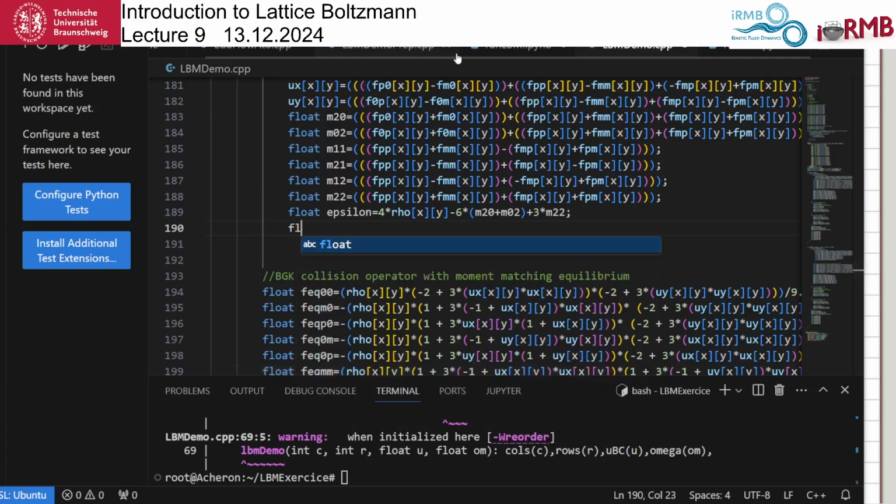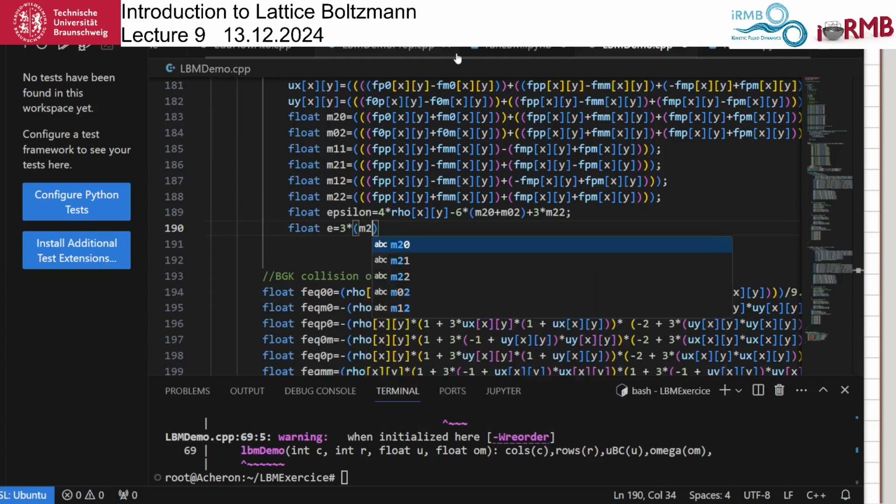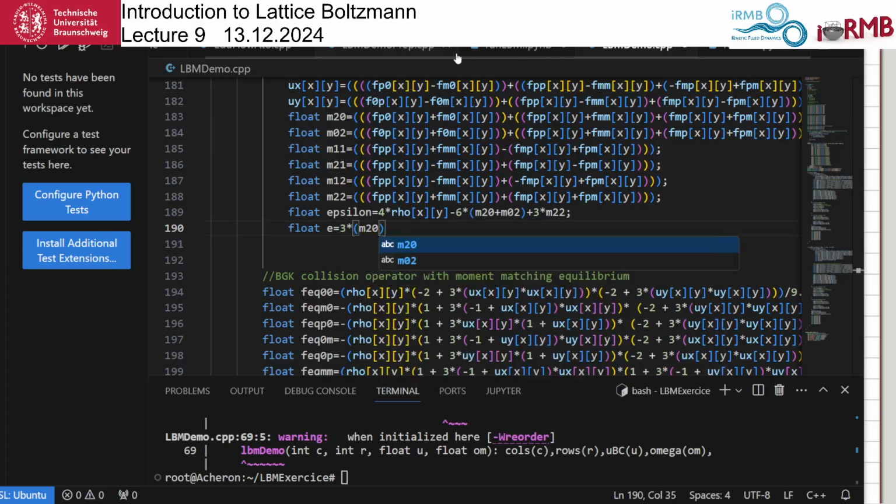Now we also want to have our E. E is 3 times, right? See in the notes, 3 times m20 plus m02. You agree? Yes. Now I see where you have your minus.